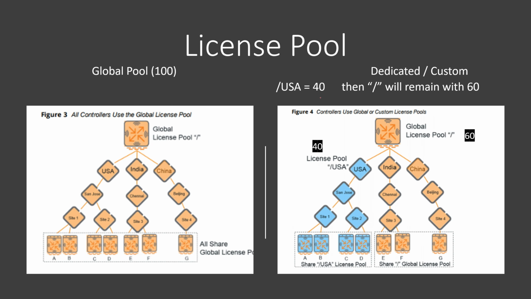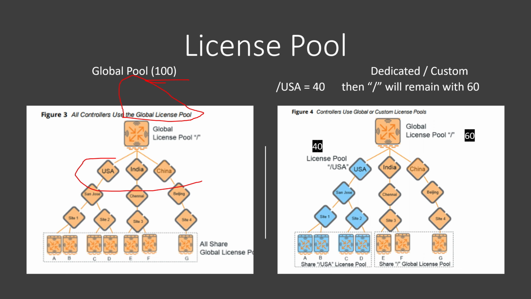Okay, so you bought the license. Now, how are you going to deliver those licenses? There's a global license pool, which is also managed by your MM. Remember, one of the key roles your Mobility Master has is to handle the licensing. So imagine you do have that licensing enabled and the global license pool, right? This is the main license pool you have, and you have, for example, 100 licenses you bought for your environment, and you have a hierarchical structure.